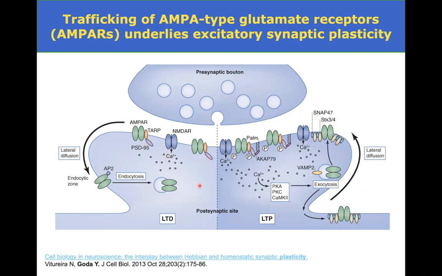And then in cases where the signal is interpreted as a signal to weaken synapses, they will remove AMPA receptors. So trying to understand the mechanisms for how this particular receptor type is trafficked has been a decades-long investigation in the field of synaptic plasticity.